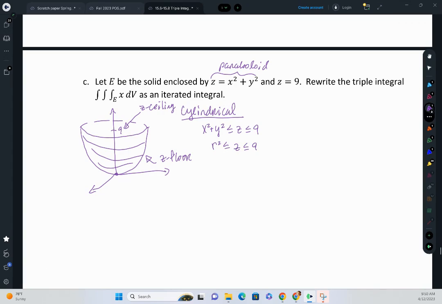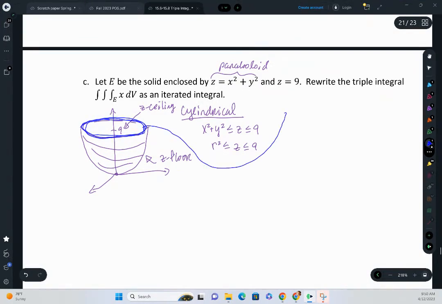Now, what I need to figure out is x and y, because that'll allow me to get my r and my theta. This ring across here is the intersection of the plane z equals 9 and the paraboloid.